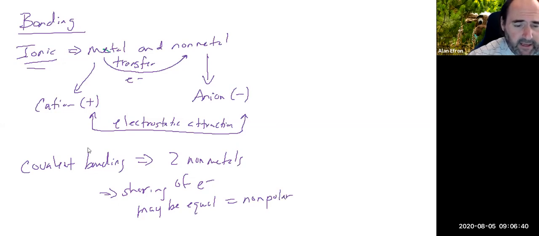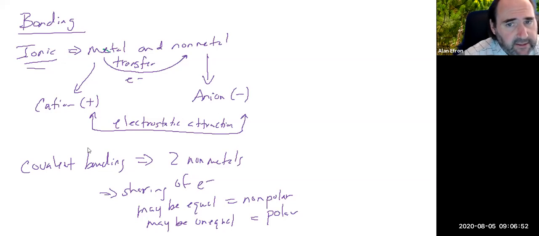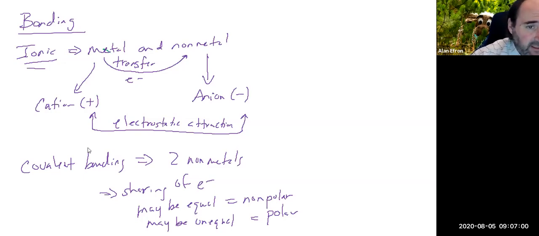Or it may be unequal, so some unequal sharing of electrons, which is known as a polar bond. So remember, we can have those electrons being shared equally or unequally, resulting in either a polar bond or a nonpolar bond. Ionic bond, again, really no sharing of electrons, just a full transfer.